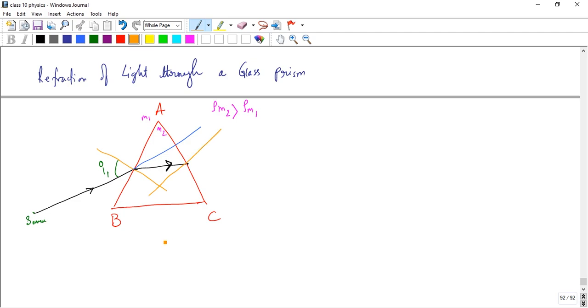Light bends away from the normal, because light travels from a denser medium to a rarer medium. That is the bending.